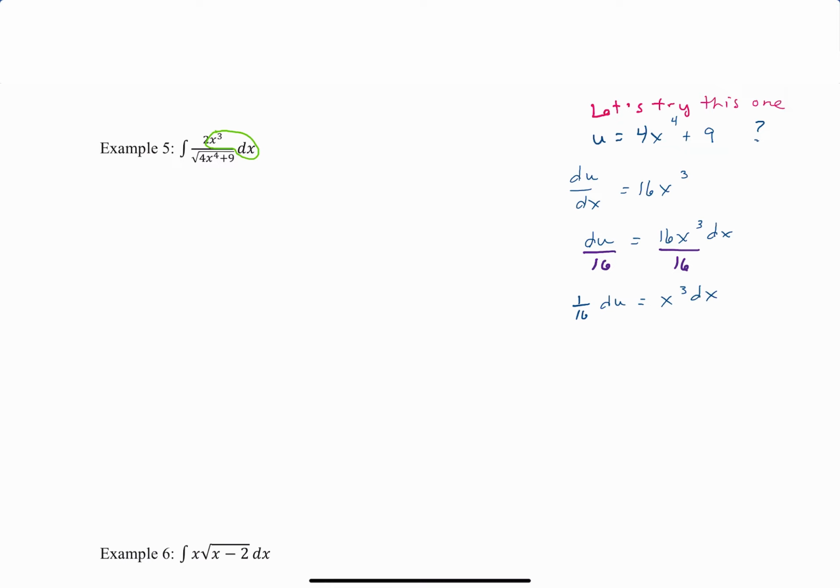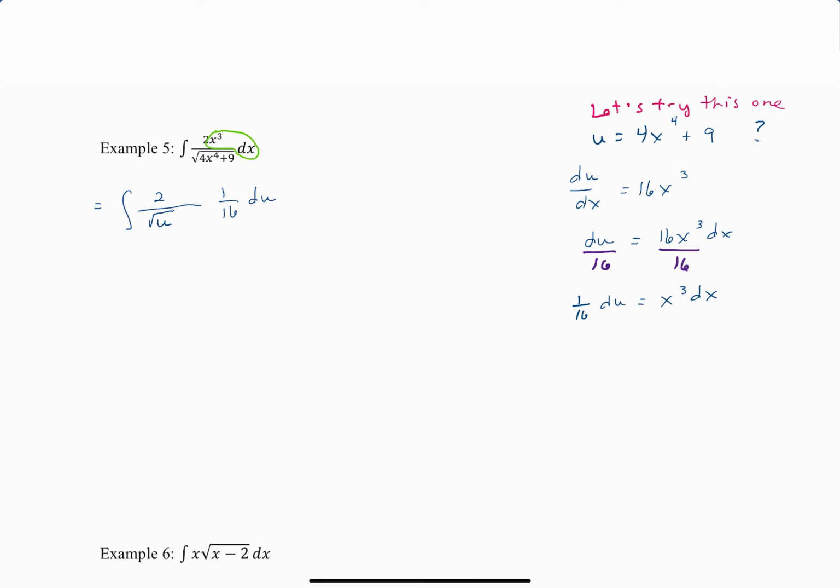So going back to the integral then, I have 2 on top. I haven't done anything with that, but that's okay. It's a constant. And I have 1/16 du replacing the x cubed dx. Then in the denominator, I have square root of u, because u was the name we gave to the thing inside the square root.